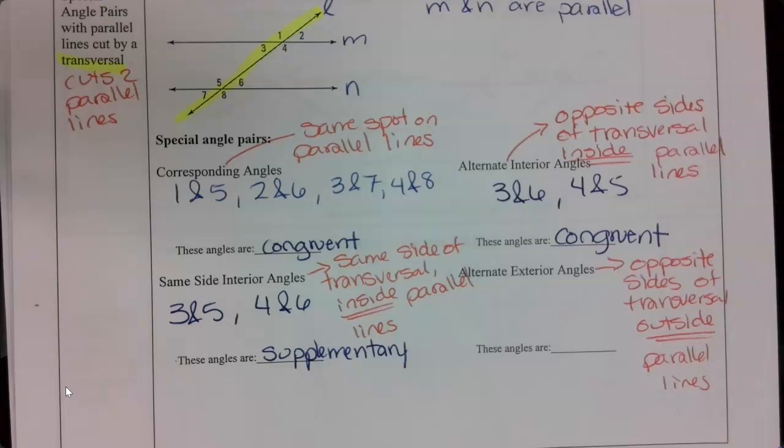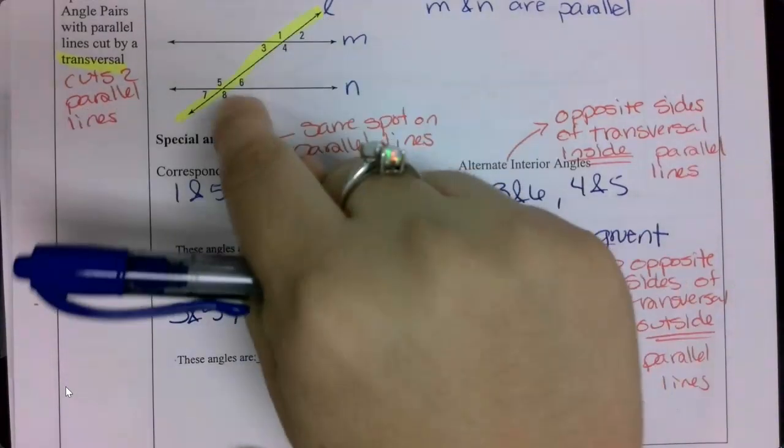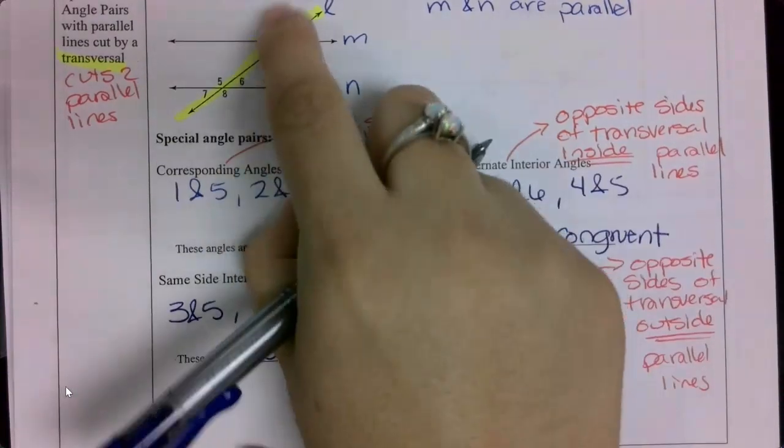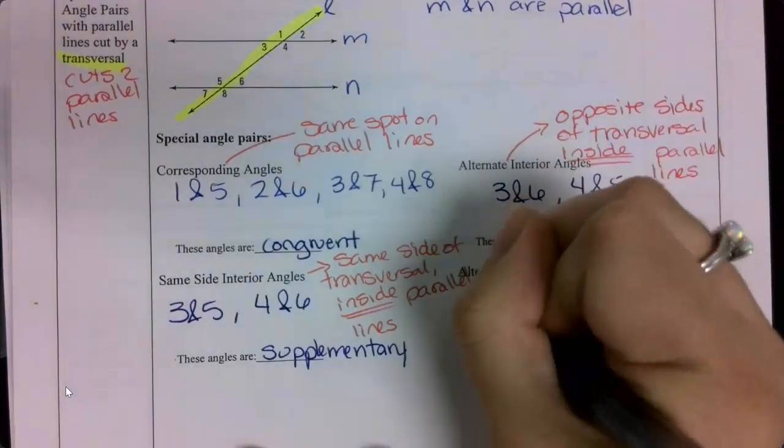So my alternate exteriors are going to be 1 and 8, because those are on opposite sides of my transversal outside of the parallel lines.